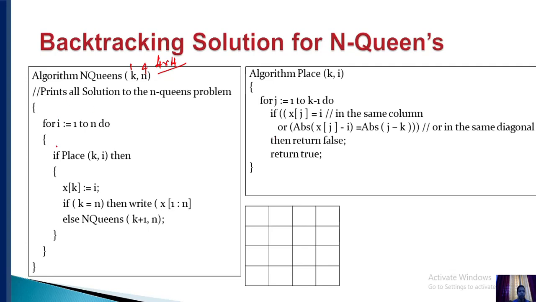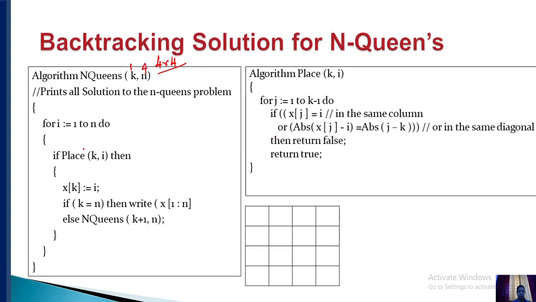Then when you come inside the algorithm, we have a for loop. For every queen we have to check whether the position is suitable, from 1 to n. So for every queen we have a possible place from 1 to n.